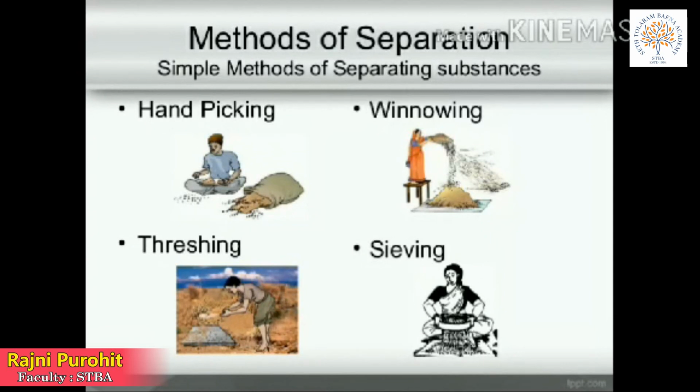And the third method is winnowing, where the lighter husk particles are separated from heavier grain particles by the wind or blowing air. And the last method for today is sieving, in which finer particles are separated from bigger particles by using a sieve. Sieving is a technique which is basically used in flour mills or at construction sites.